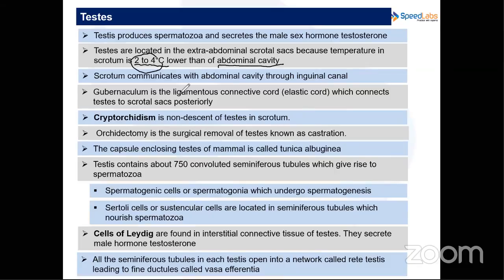Testis is formed during the 7th to the 8th week of pregnancy. So when is the testis formed? 7th to 8th week.